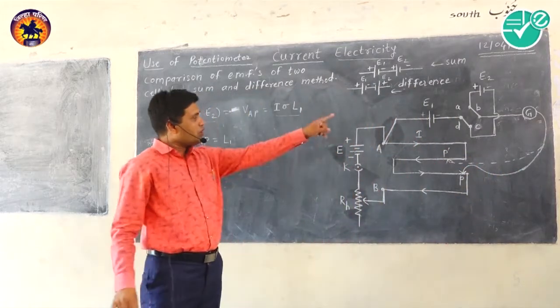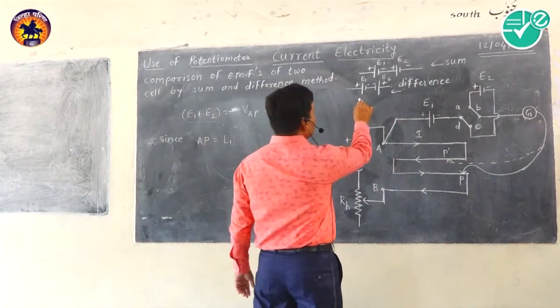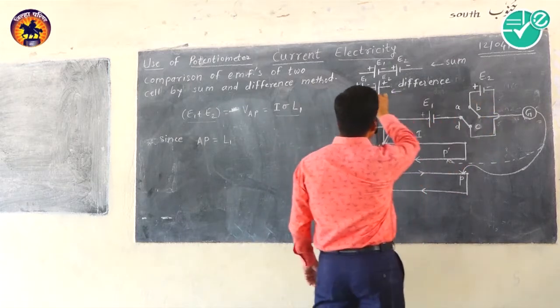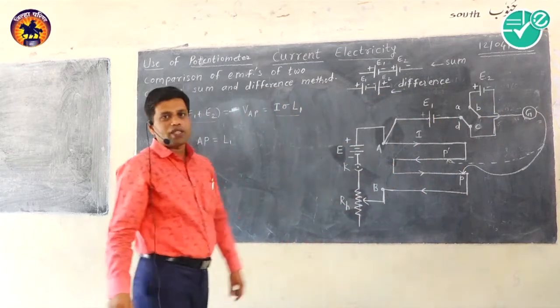So negative terminals are connected to each other, and this method is called the difference method.